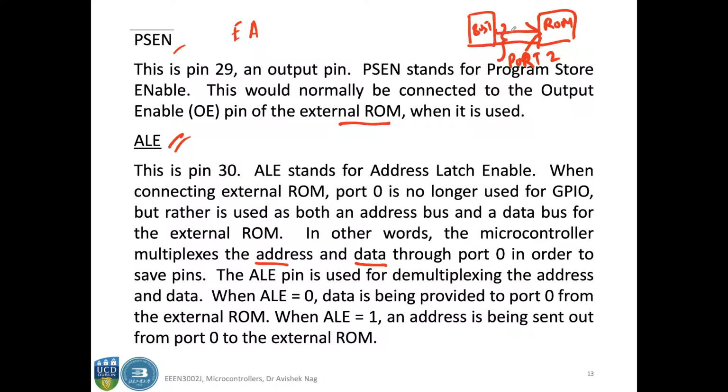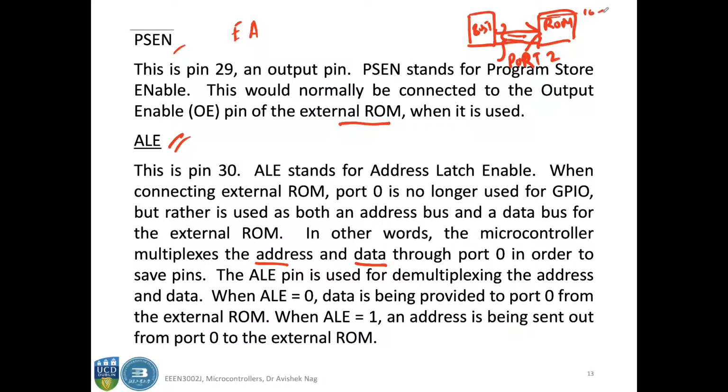Okay, so the lines that come out of this port 2, there are 8 lines out of it. These 8 lines can be used to send data to the ROM. At the same time, these 8 lines can also be used for the lower half of the address. So if you want to address a location of this ROM, the addresses are 16 bits.